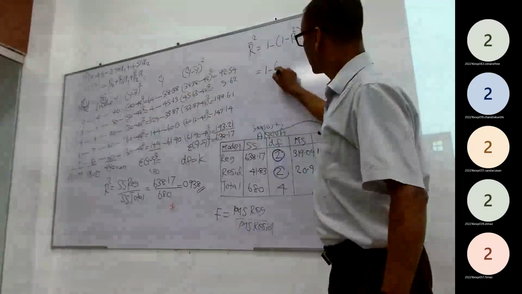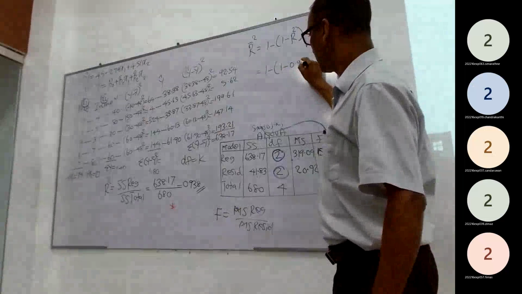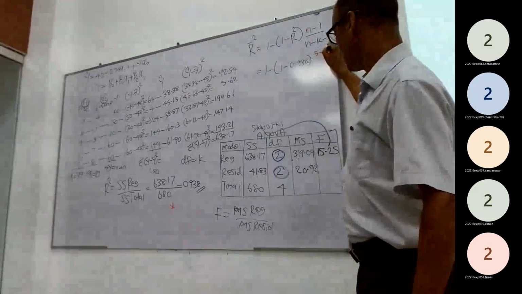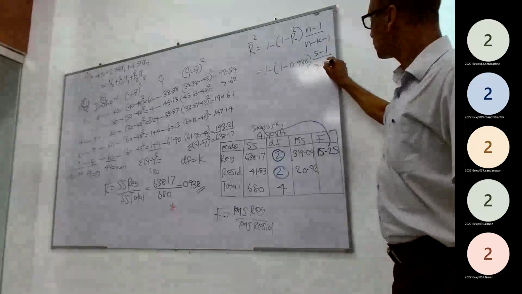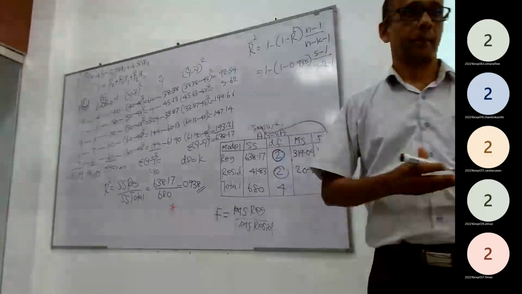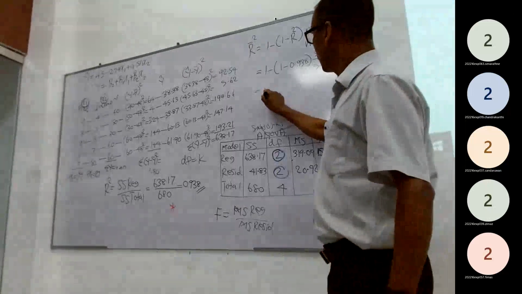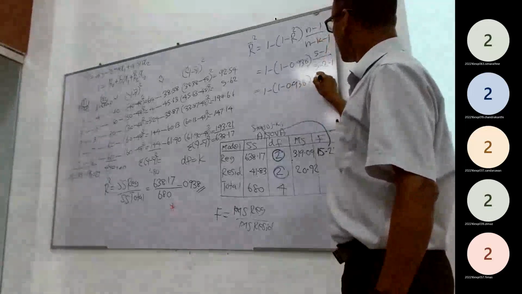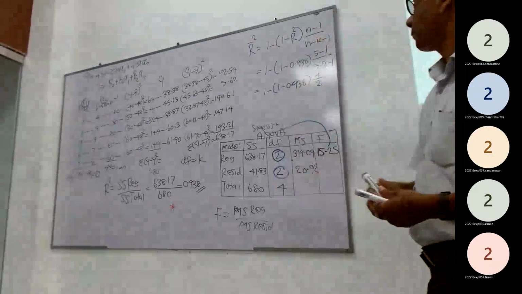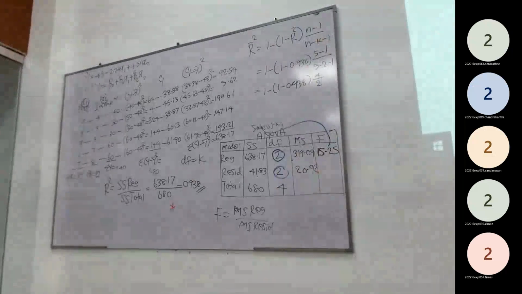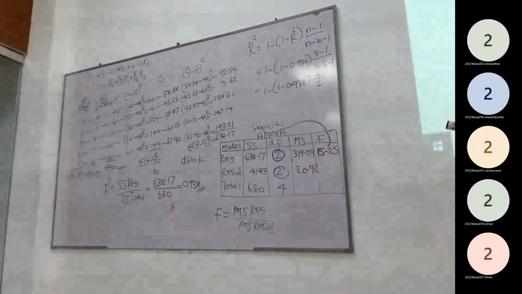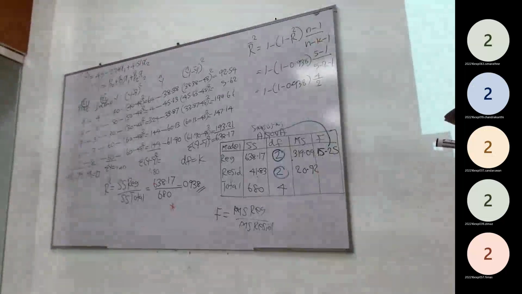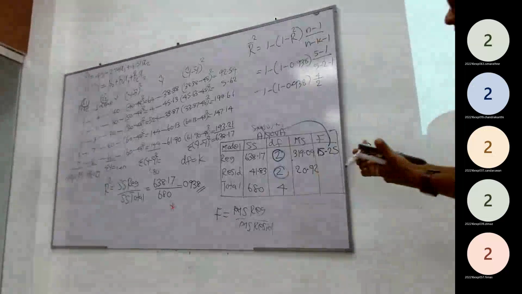One minus 0.938, here data points n is 5, so 5 minus 1 is 4, and 5 minus 2 minus 1 is 2. That gives 0.876.